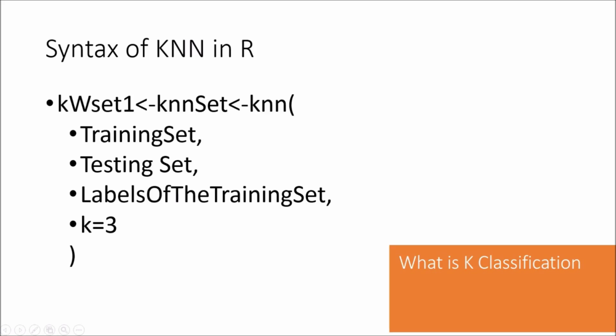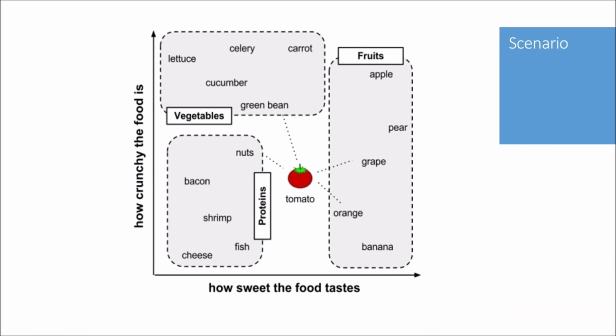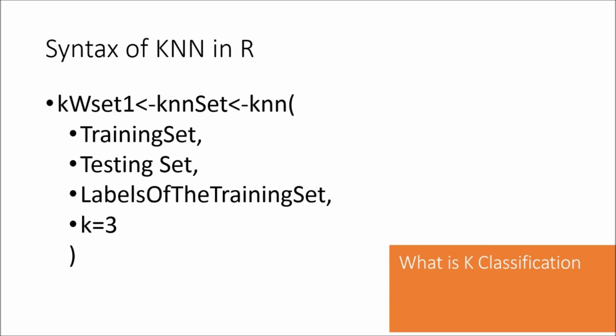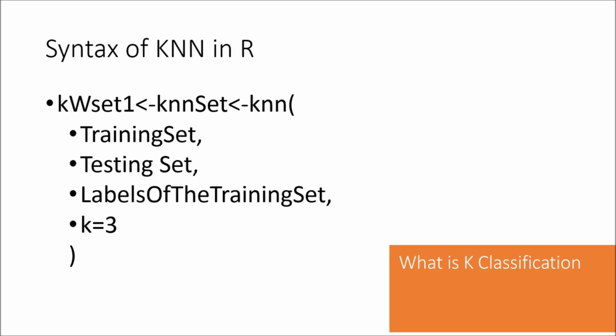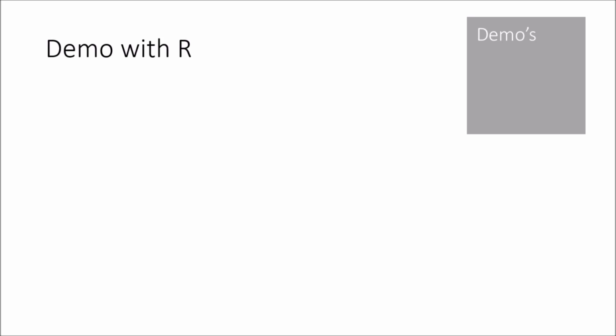You need a testing set, and you obviously need the labels of the training set, identifying what I really want my classification to be. So if I go back to this example, the labels would ideally be fruit, vegetables, and proteins. And K is equal to 3, the minimum number of distances with the nearest neighbors to classify data, so I can conclude that the new data coming in can be classified into any one of those categories. Now, I'm going to get into the demo with the R scenario.